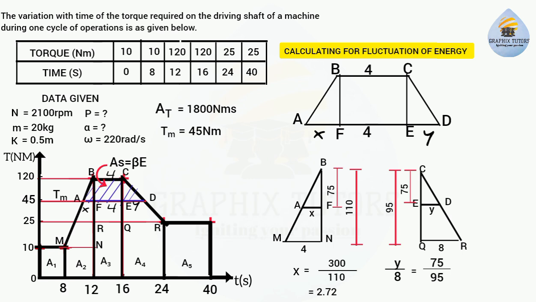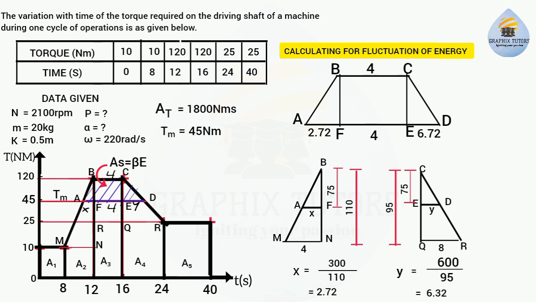So if you make y the subject of the formula, my y will be equal to 8 times 75, and that is 600 divided by 95, and that will give us 6.32 meters. That's our y. So we have successfully gotten the values for x and y, which are 2.72 and 6.32 respectively.